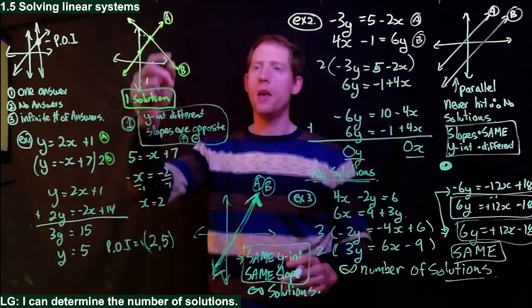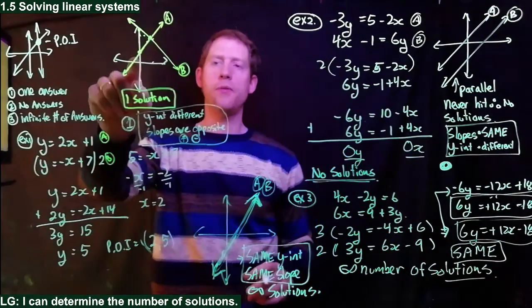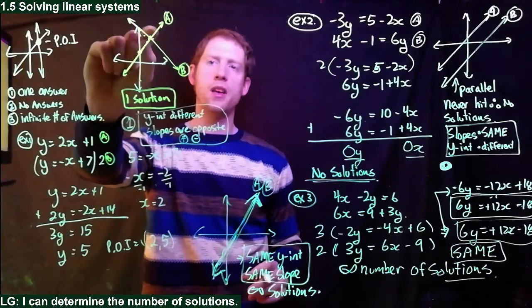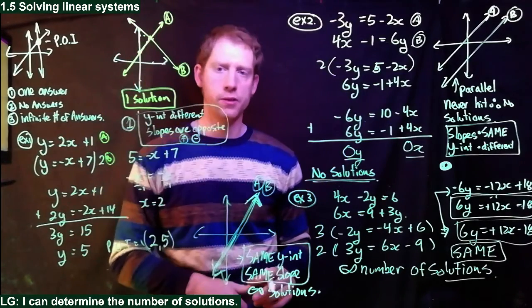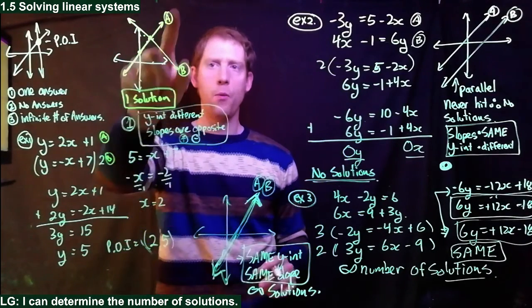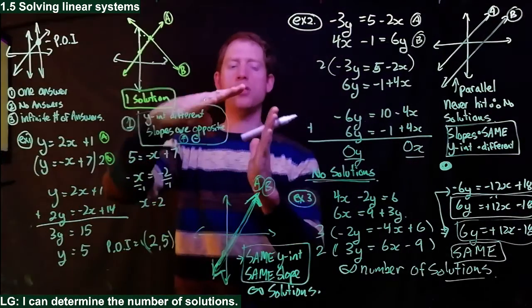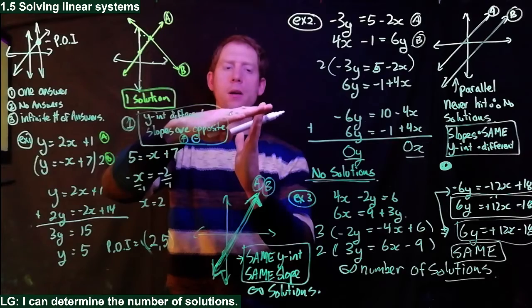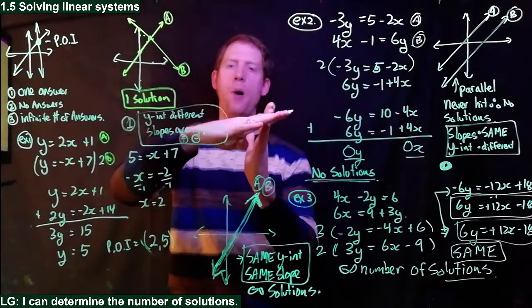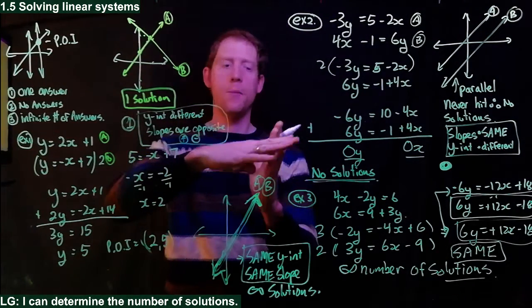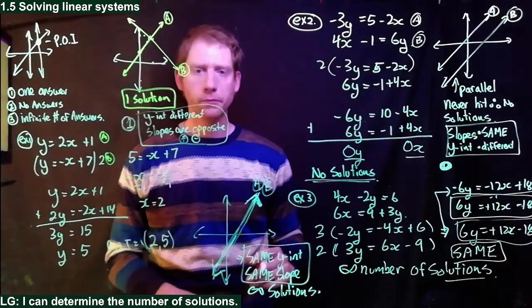Let's go through it. You can have one solution if you have different y-intercepts and opposite slopes. For example, one slope is positive, one slope is negative. You can also have both positive as well, but they have different slopes.